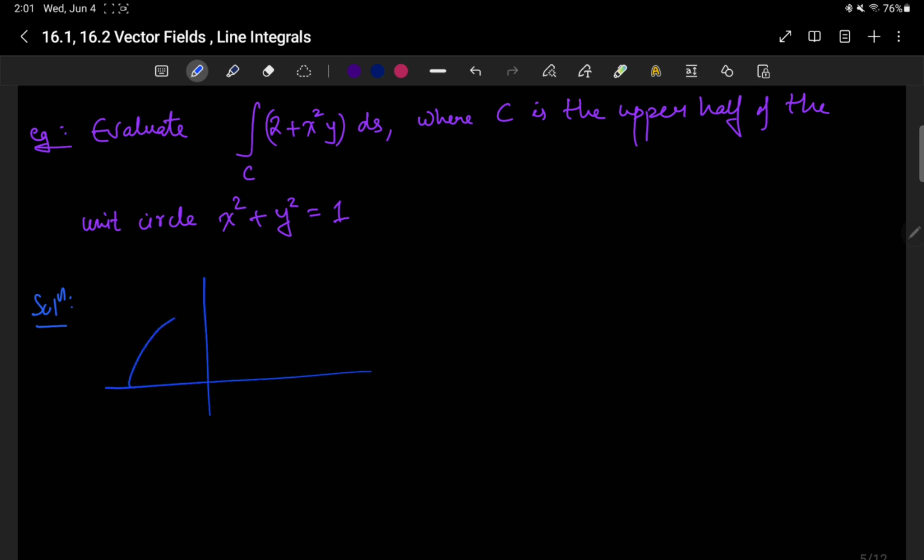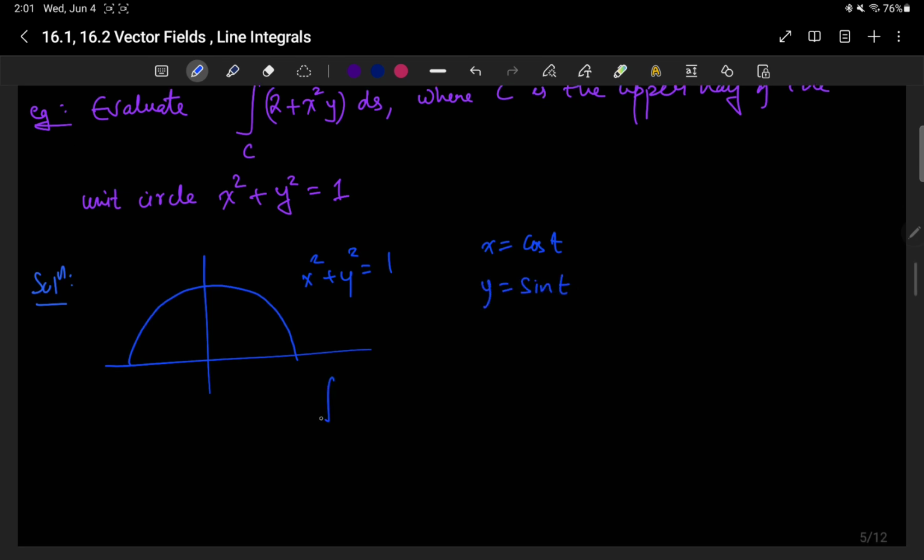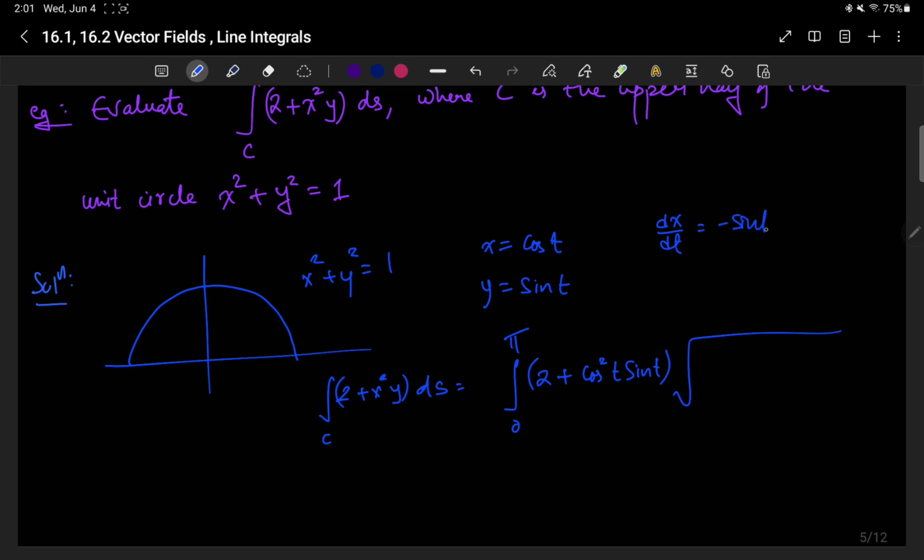Whenever we have a circle, the easiest parameterization we can use is x equals cosine t and y equals sine t, so that this integral becomes 0 to pi, because it's only half a circle, of 2 plus cosine squared t sine t, times the square root of, dx over dt is negative sine t, and dy over dt is cosine t, which becomes sine squared t plus cosine squared t, which is 1, dt.